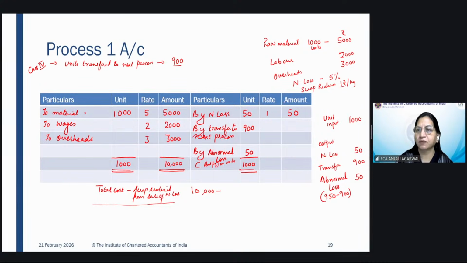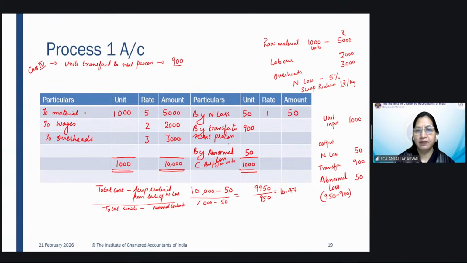How much amount is realized from that? 50 into 1. Divide by total units, 1000 minus normal loss units. So it's 1000 minus 50. So whatever the rate came out in the previous example, 9950 divide by 950, this will remain the same. 9950 divide by 950, which was 10.47, it will still be 10.47. This will not change henceforth.